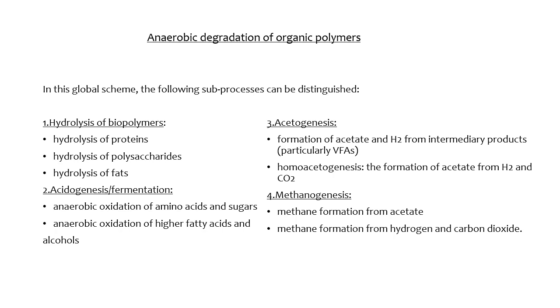In acidogenesis, the anaerobic oxidation of amino acids, sugar, higher fatty acid, and alcohol takes place. In acetogenesis, the formation of acetate and hydrogen gas from intermediary products occurs. Also, formation of acetate due to homoacetogenesis takes place. The last step in anaerobic digestion, that is the methanogenesis stage, involves methane formation from acetate as well as hydrogen and carbon dioxide.